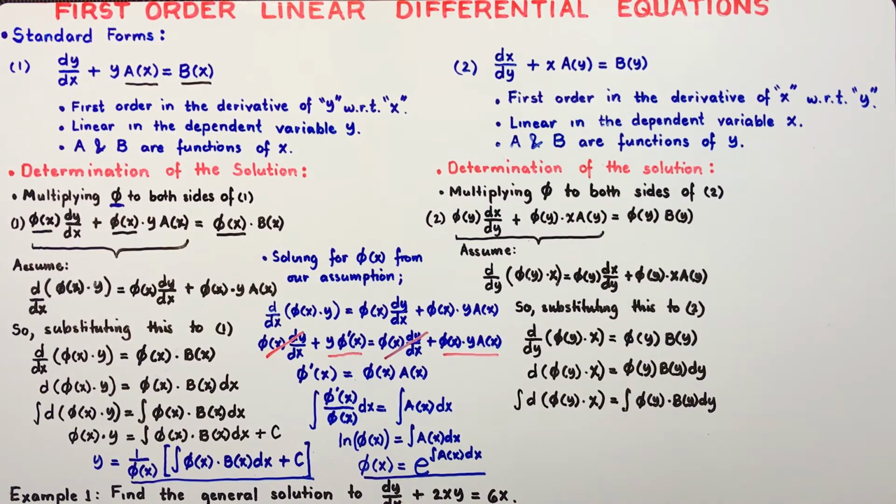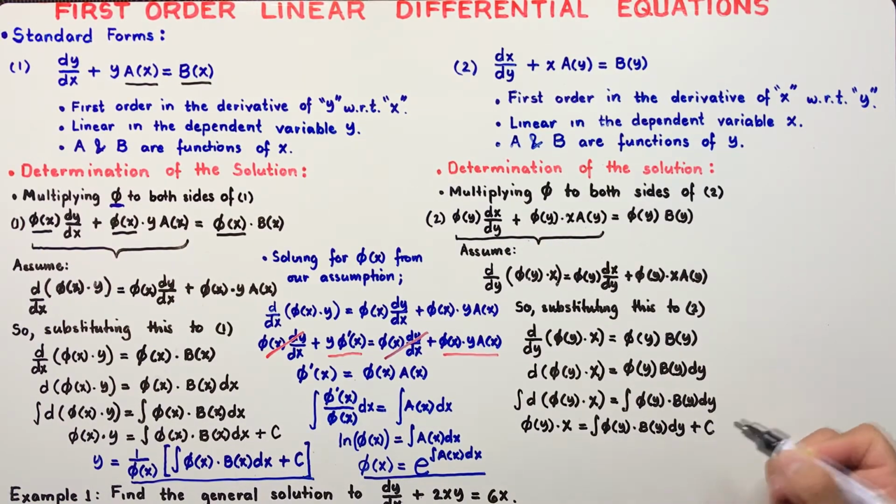And we noticed that the integral and the differential cancel each other. So what remains is phi of y times x, which is equal to the integral of phi of y times b of y dy plus the constant of integration c, because we have done our integration here.